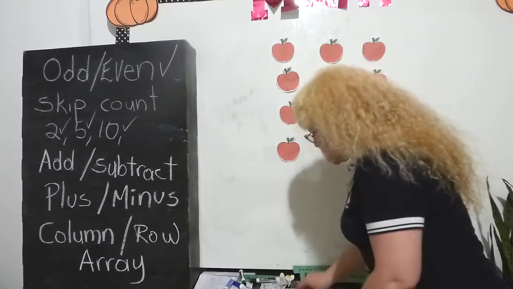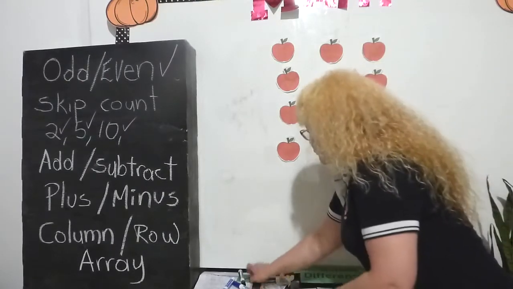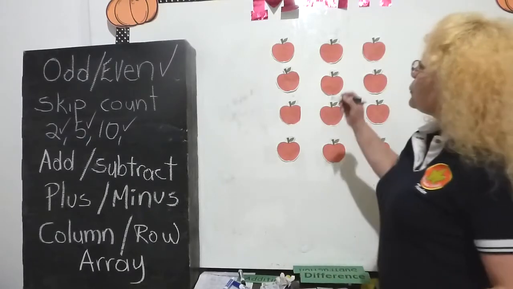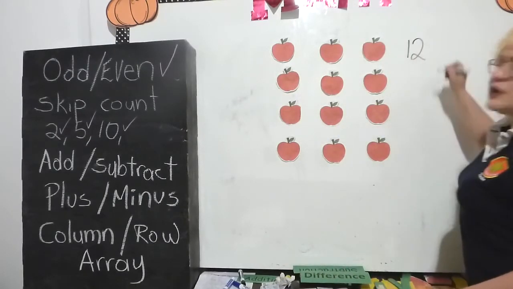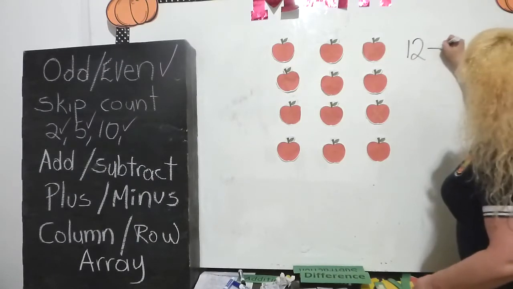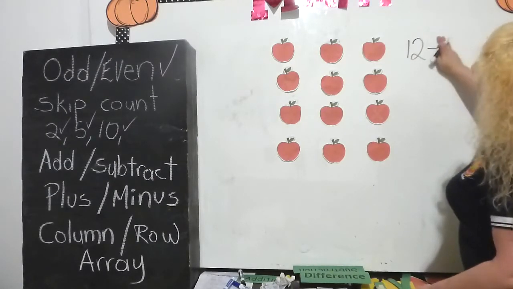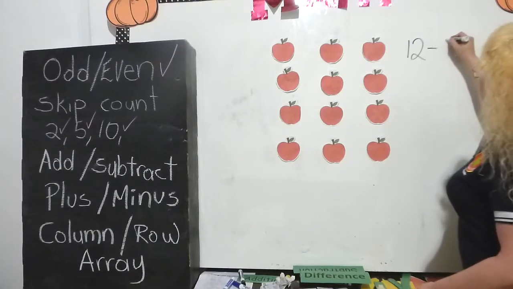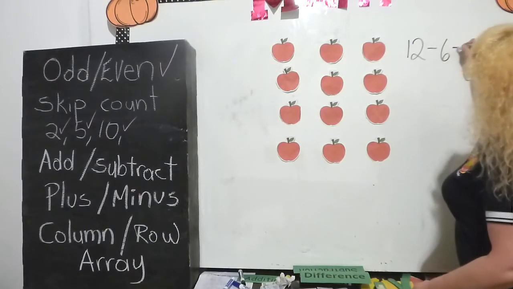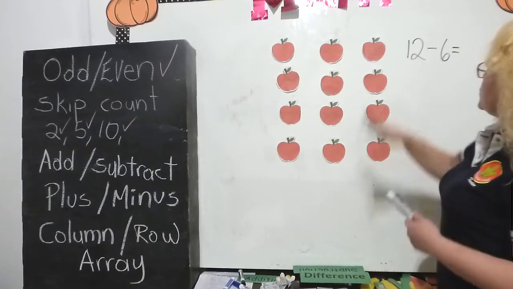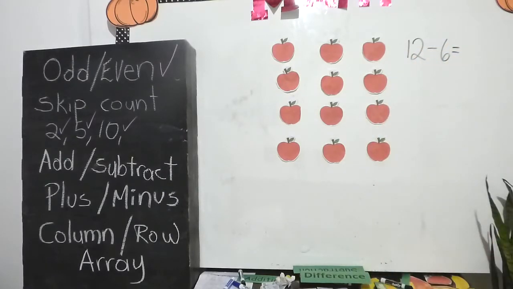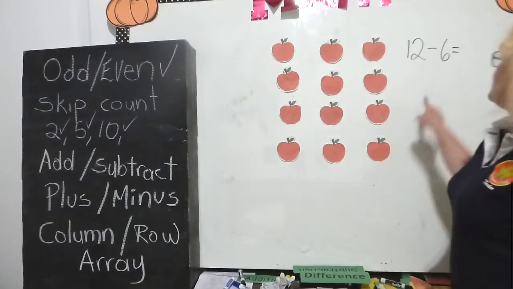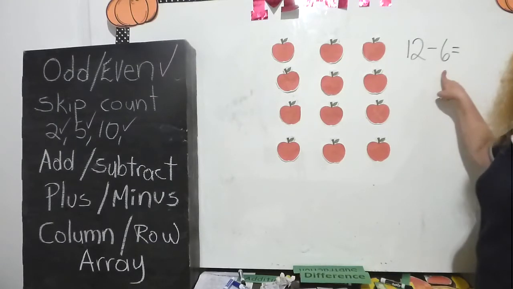And if I tell you, 12, can you see my numbers? Minus 6 equals, okay? 12 minus 6, that means that I need to cross out how many apples? 12 minus 6.